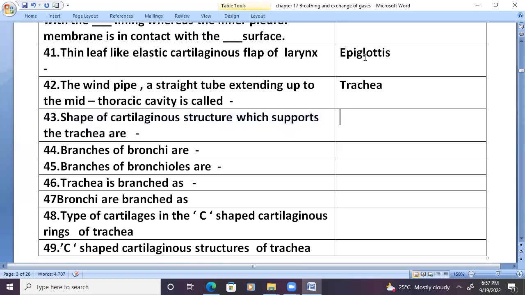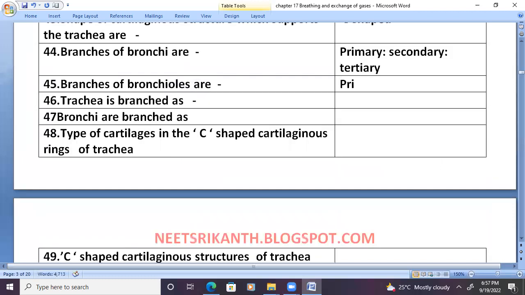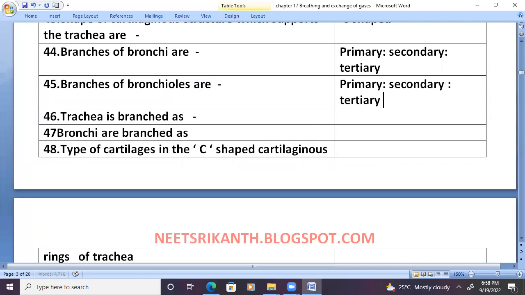The shape of the cartilaginous structures which support the trachea is C shape. Branches of bronchi are primary, secondary, and tertiary. Branches of bronchioles are primary, secondary, and tertiary, then terminal bronchiole and respiratory bronchiole.